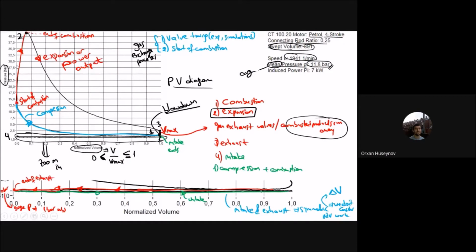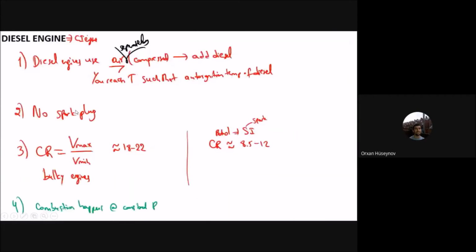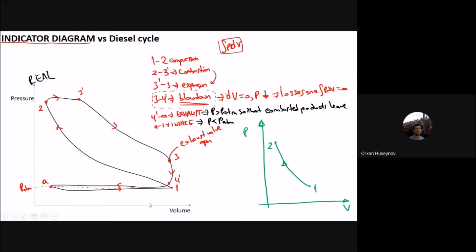It is almost constant. That is the main difference between the petrol and the diesel engines. For the petrol engines, it happens suddenly, and therefore the volume change is approximately 0. But the diesel engines are a bit lazy, because the process happens very slowly due to the high compression ratio. Therefore, this combustion process happens at constant pressure, and you have time for volume change. And therefore, you will have the 2 and the 3.